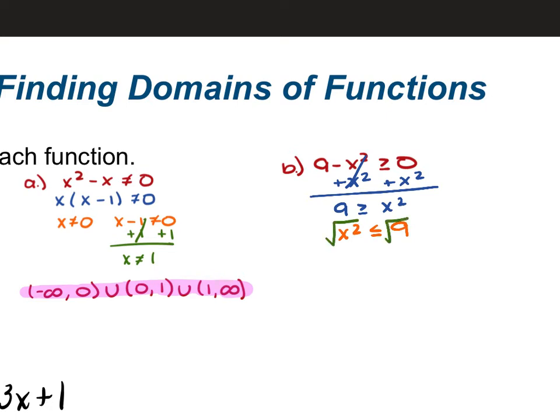I'm going to rewrite this as 2 separate inequalities: x is greater than or equal to negative square root of 9, as well as x is less than or equal to the positive square root of 9. The square root of 9 is 3, so x is greater than or equal to negative 3, and x is less than or equal to positive 3.